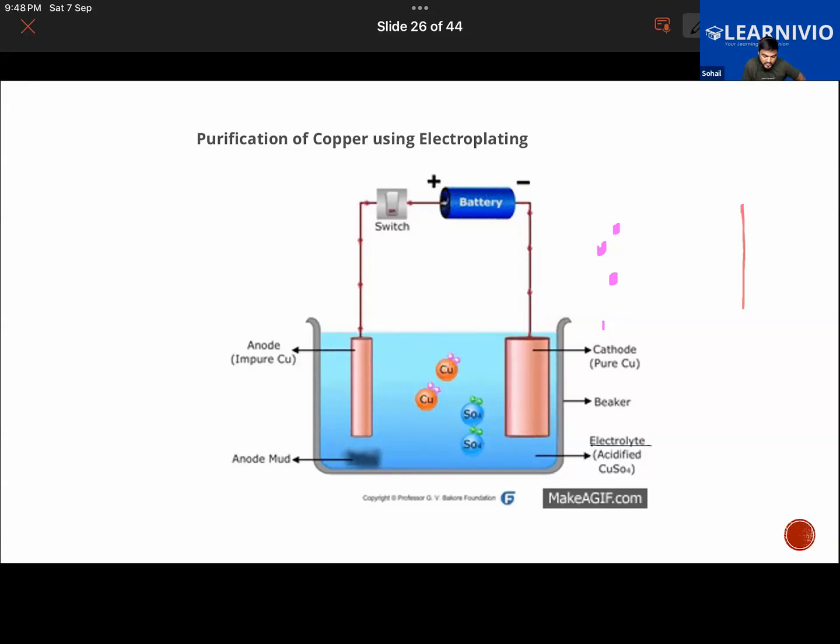Upon passing of the electricity, just pay attention to this. The copper sulfate, that is CuSO4, is getting split into copper ions and sulfate ions. You guys can observe this. Yes, Vaiga, Aisha, and Ibrahim. Just pay attention to what I'm saying. Forget about the other things, like what is this anode, cathode. We'll be learning about that in sequence.